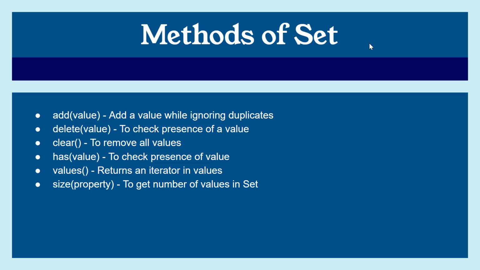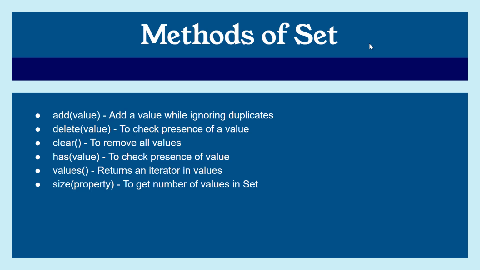If you want to add any value to a set, we can use the add method, and if you try to add any duplicate element, it will be simply ignored. If you want to delete any value from a set, we can use the delete method, where we need to pass the value to be deleted. But if you want to delete all the values, then we can use the clear method. If you want to check the presence of any value in the set, we have the method has.